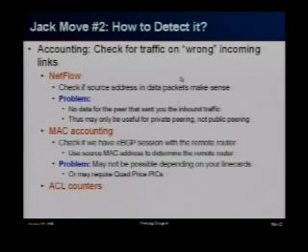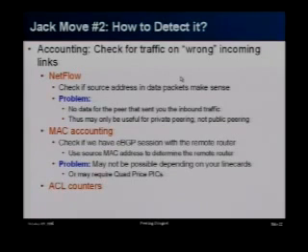So how do you go about detecting it? Essentially, what you want to do is check for traffic that's coming on the wrong peering link. So you can use NetFlow, for example. Essentially look at the source address in the data packet, whether it makes sense or not. So you look at source and destination and see if it really makes sense, whether you should be receiving packets with those source addresses.